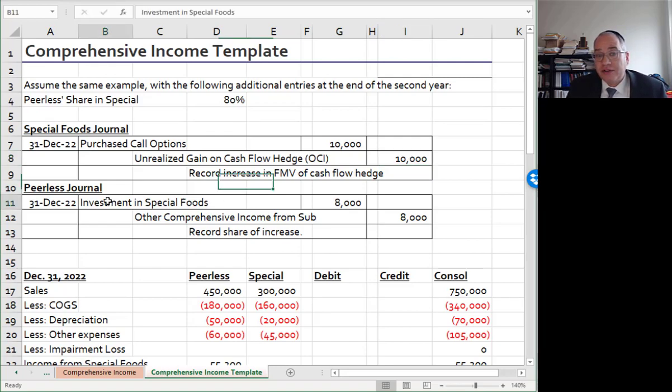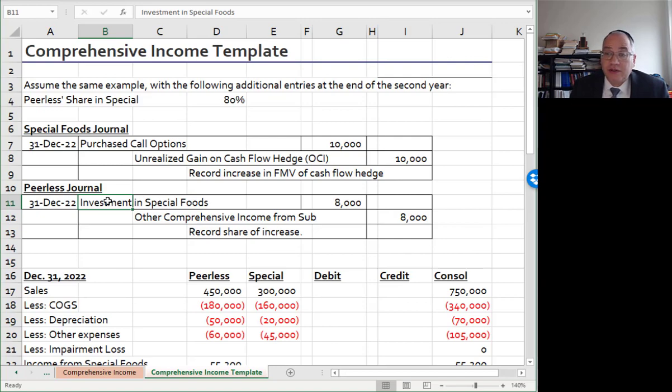What Peerless is going to do is record their share of that OCI as an increase in the book value of their investment, because it's kind of like income. Under the equity method, if you had income, Peerless would record its share of that income as an increase in the investment account. We've seen that before. Other comprehensive income will be treated the same way under the equity method.